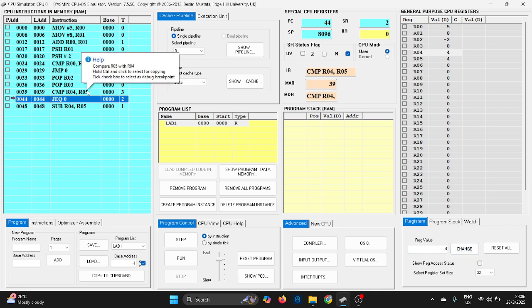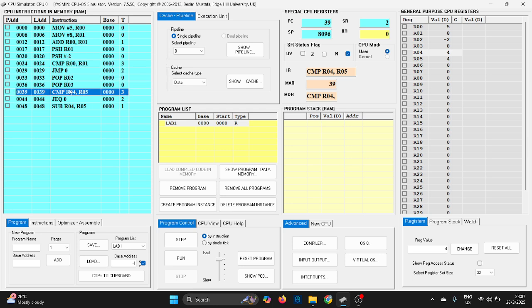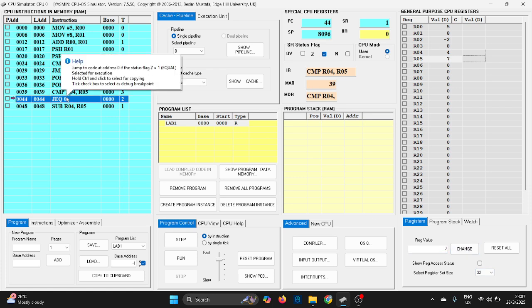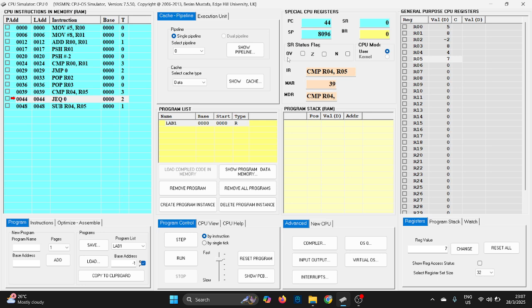So when I compare the instruction, we get a Z. To get a clean instruction status flag without any tick, we have to get a positive value, so for R05 I change the value to 7. So when I compare, we don't have any tick at the status flag, because the value is positive.